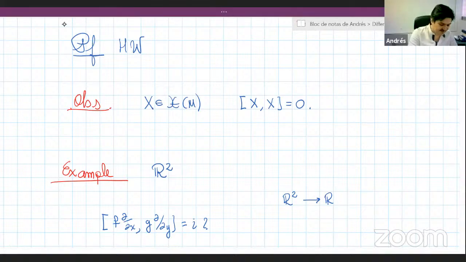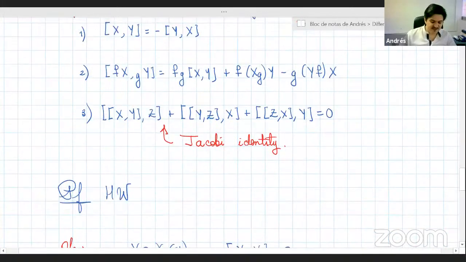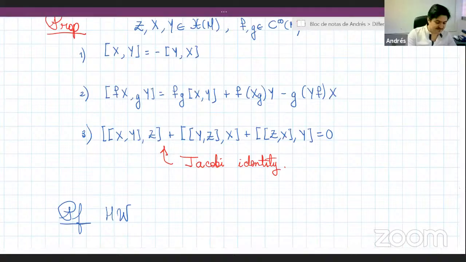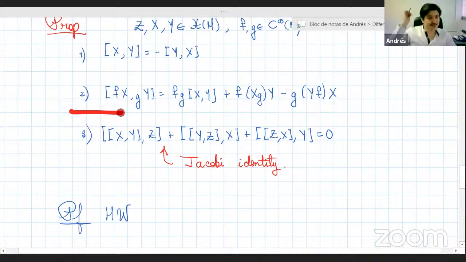Oops, I forgot here, sorry. So they depend on x and y. And basically, we are going roughly to give an example of, or a proof of, number 2 of this, right?